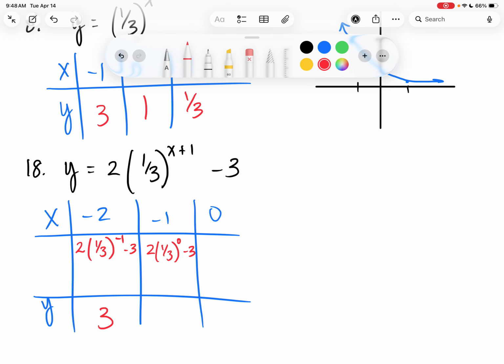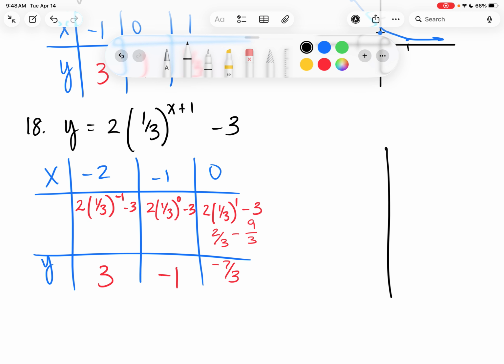So that's just 2 times 1 minus 3, which is -1. And then 2 times (1/3) to the 1, minus 3. So this would be 2/3 minus, if I put this over 3, 9/3. So negative 7/3, or negative 2 1/3.